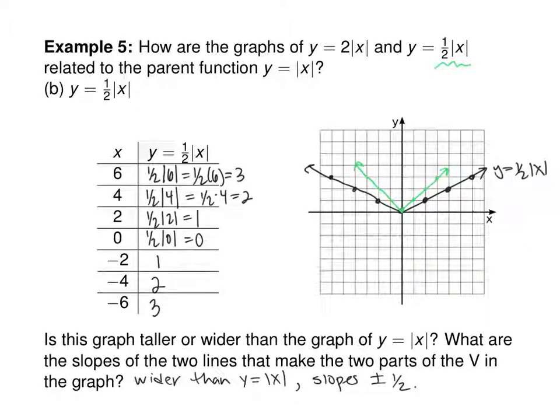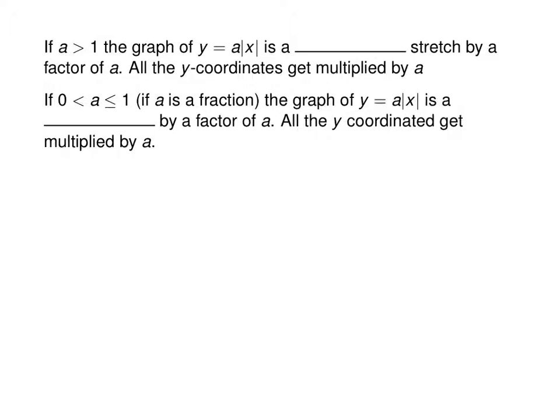Last one. All right, so if you multiply by a positive number that's bigger than 1, the graph of that positive number times absolute value x is a vertical stretch, as in makes it taller and skinnier.